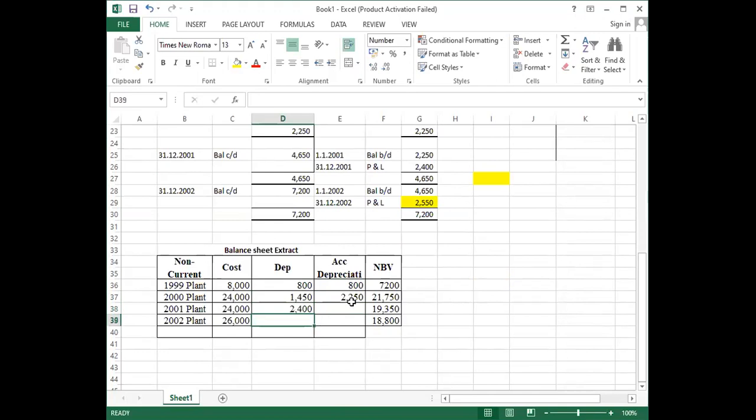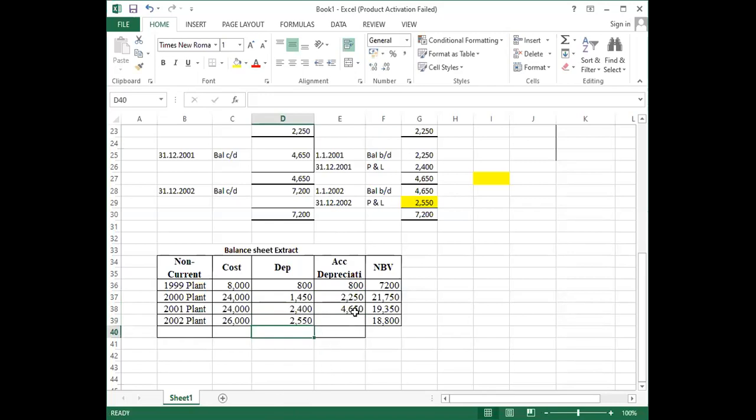So accumulated will be the ones that we have accumulated so far plus the one for this year to get what? 4650. True or false? Year 2002, what was the depreciation? It was 2550. True or false? It is 2550.